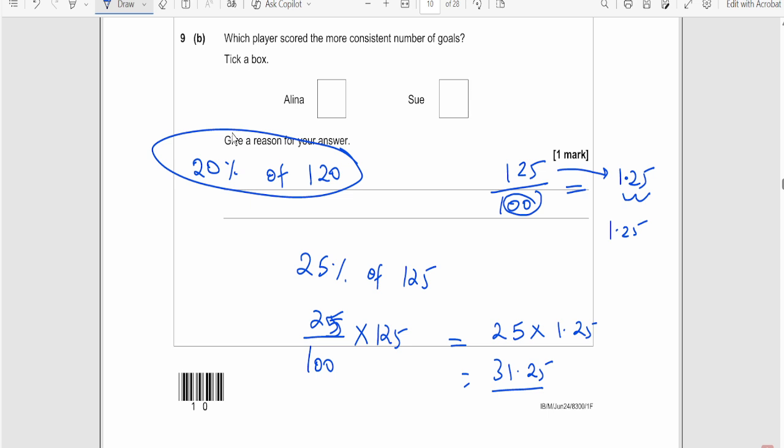120 divided by 100. So we put 1 there and 120 times 20.